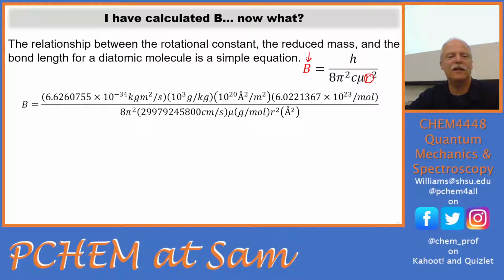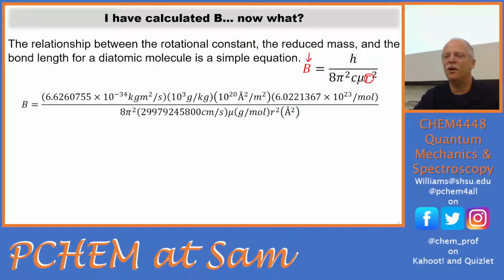Now here's the calculation. Look at all those units. And this is why you struggle with the PChem calculations, isn't it? Because there are all of these units and all of these constants. A lot of times people just leave the units off. And if you leave the units off, you'll miss things where you have to convert from grams to kilograms. Or if you use your masses in grams per mole, then you've got to use Avogadro's number.